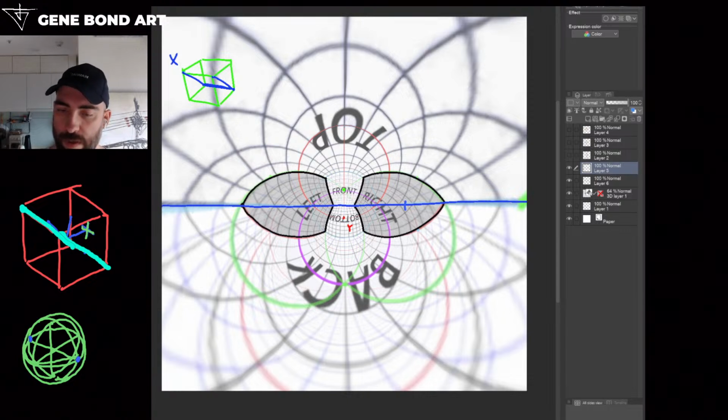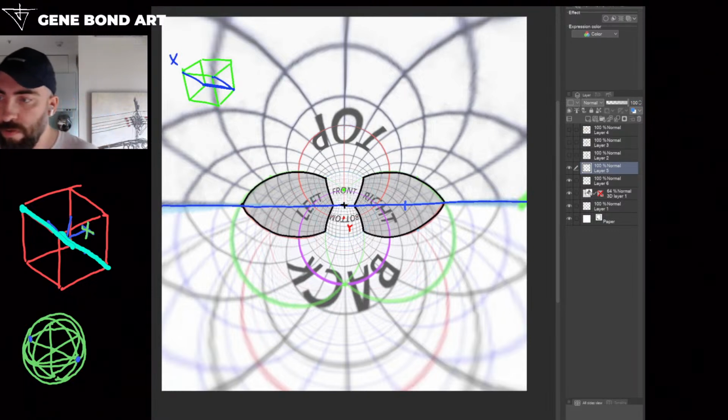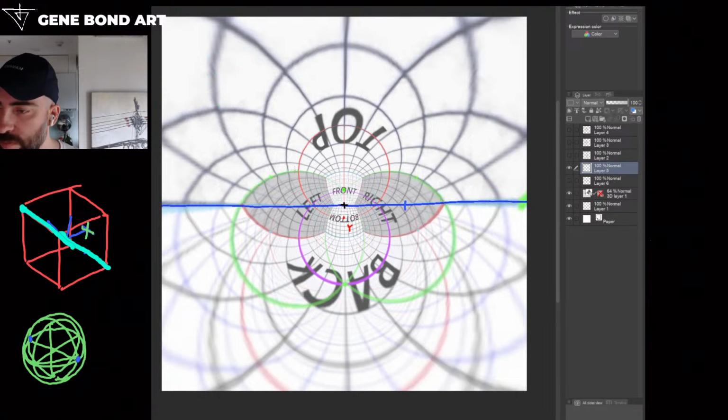So you see it's like this line of sight direction. This cross is right between two vanishing points, front and bottom. So this 45 angle, like I told before in the tutorials about fisheye camera rotation.